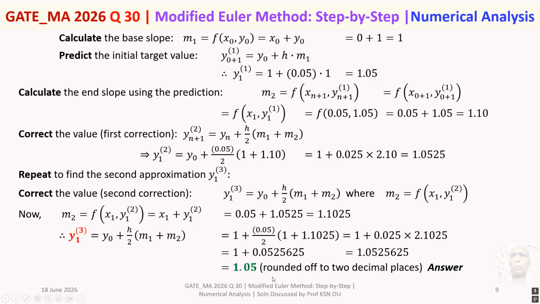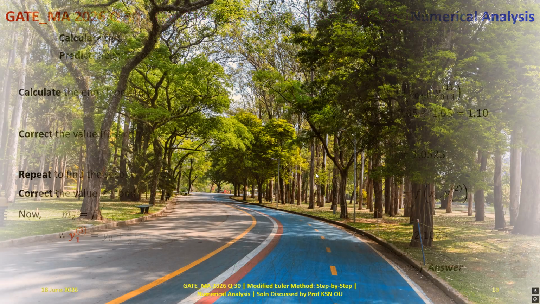That is 1.05. That is the modified Euler's method. I have given the algorithm, and I have worked out this problem. I am sure that you have understood the solution of this problem.